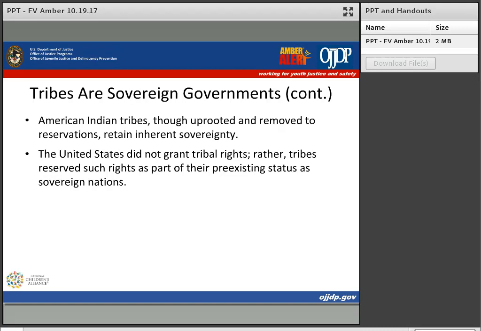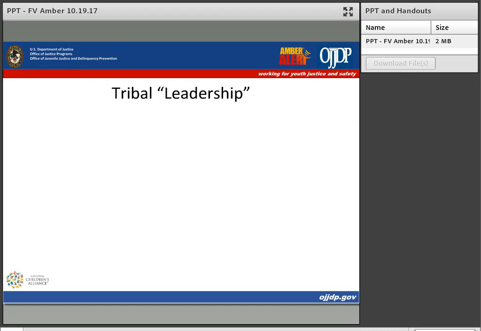But during that movement, the tribes did not abdicate their sovereignty. They did not give up their ability to govern their own people. And it's important to understand that tribal government looks at pre-existing rights and sovereignty as being part of their heritage. And we have to understand that when we work to enter into agreements and to work within the community.